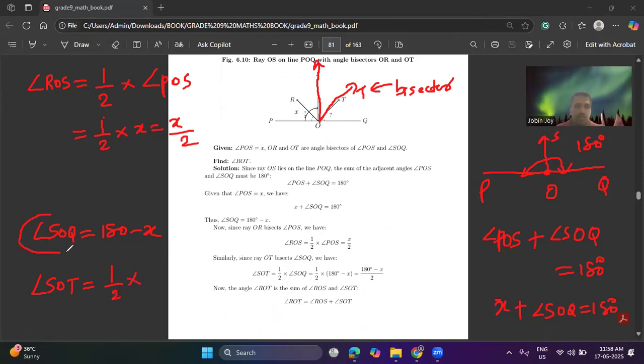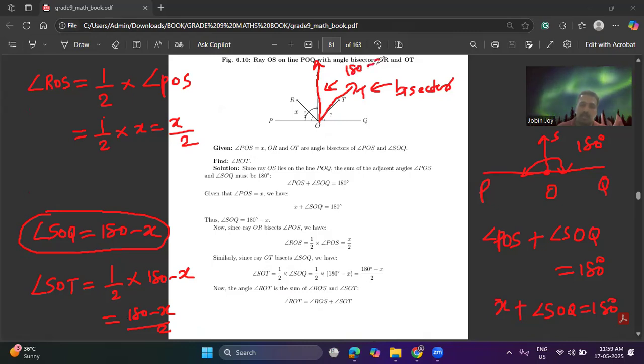We already calculated SOQ: 180 minus X. So that means 180 minus X divided by 2. So this becomes 180 minus X by 2, and this becomes X by 2.